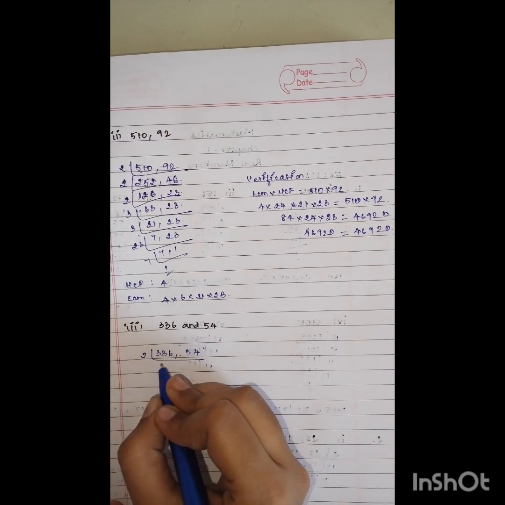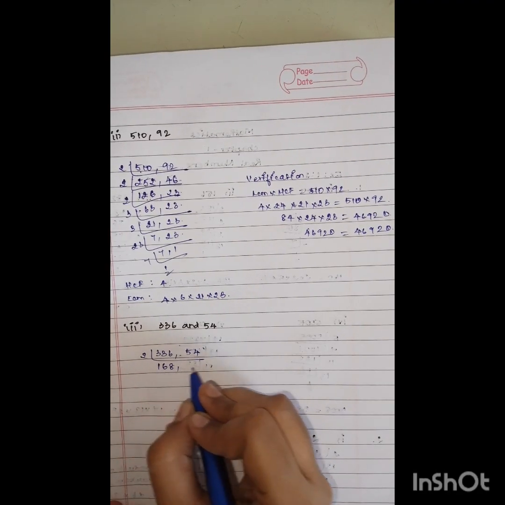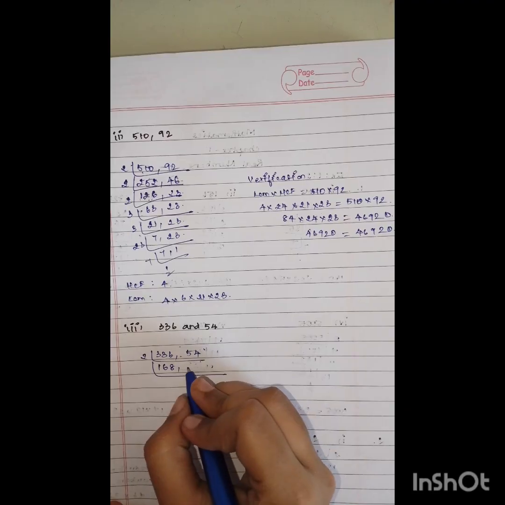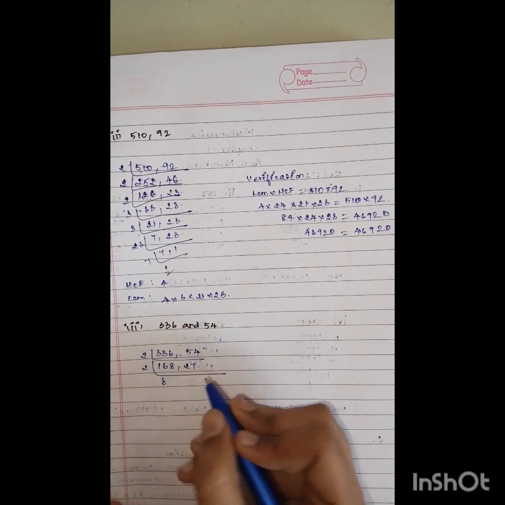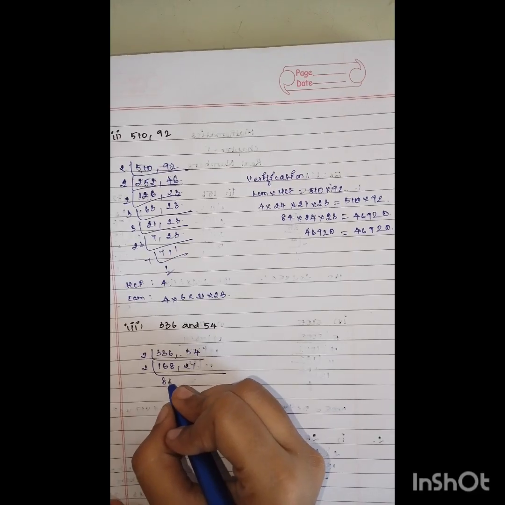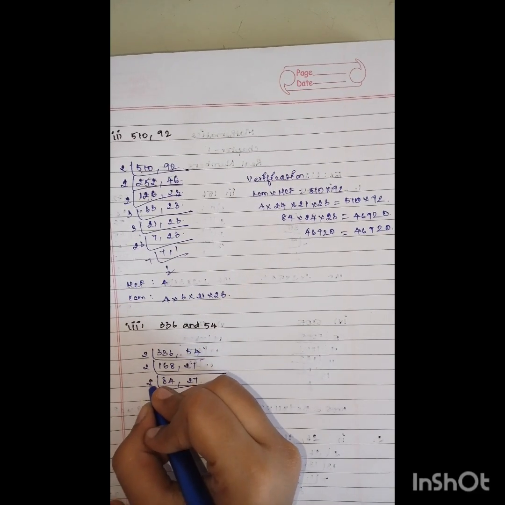336 and 54 are both even numbers, so we can also go with 2. And in prime factorization, you have to make sure that every single number you use should be a prime number. Using a composite number will not be appropriate.